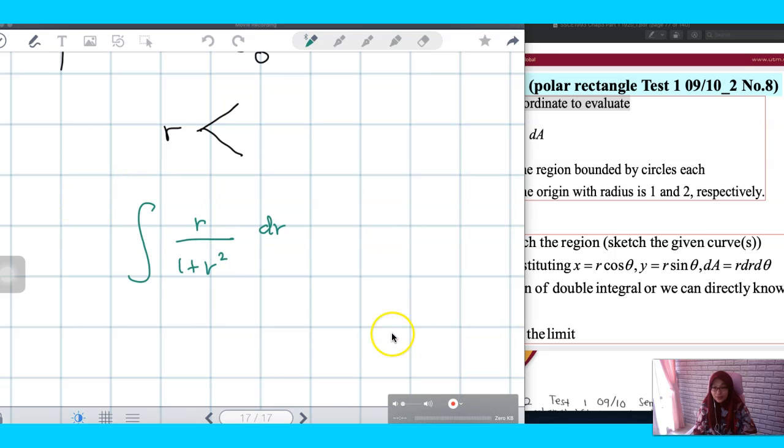How can you know that substitution works? We don't choose u equal to r, because the idea is, what are you actually doing when you do the substitution?